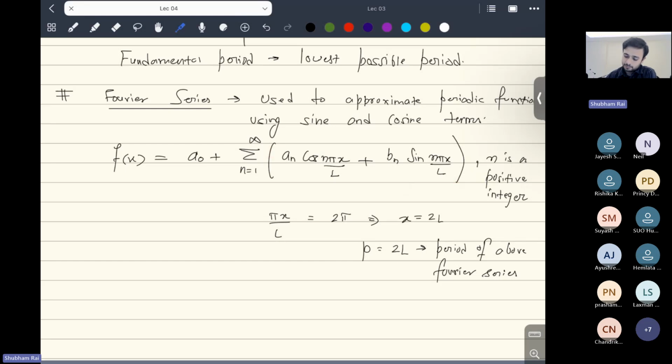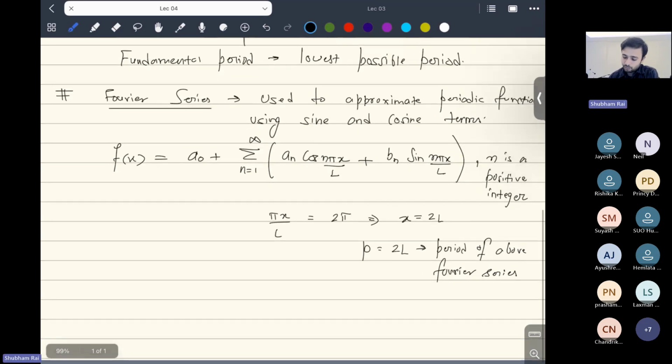Because if you substitute x is equal to 2l, you will get an cos 2n pi plus bn sin 2n pi. And if you substitute n is equal to 1, you'll get cos 2 pi plus sin 2 pi. Anyway, the period will come out to be 2 pi only, because these two terms have the same angle. Angles are not different, right? So two terms with the same angle will give you the same period.